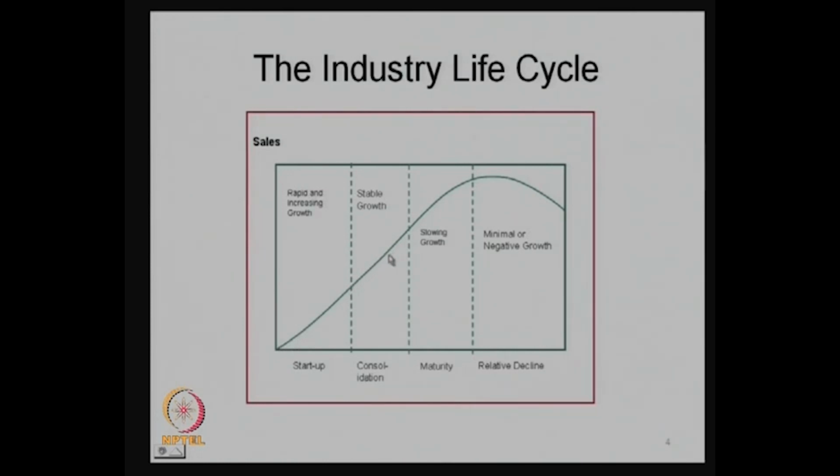Then growth stabilizes, then the growth slows down, then there is minimum or lesser growth, or there is a negative growth or decline that happens. Any product in a particular context will always go through such phases: products get introduced, products also grow in terms of sales, and then subsequently products decline, as no particular product is going to be there for all the time to come, accepted by the consumers at large.